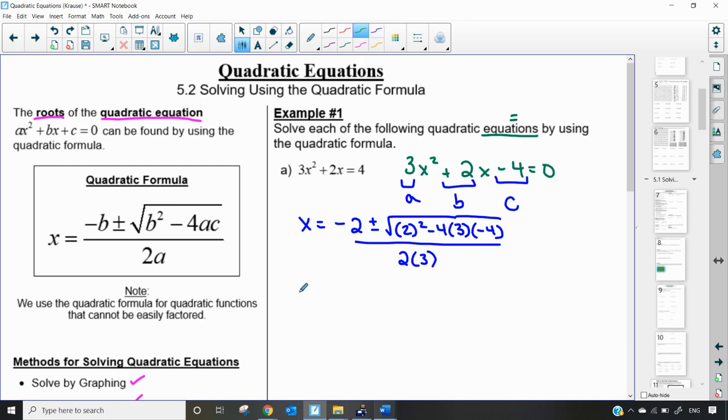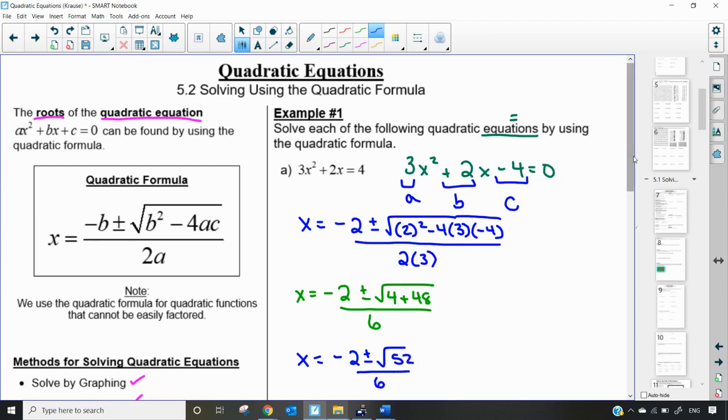Moving down, we're just going to continue simplifying as we go. So we have negative 2 plus or minus the square root of 4, and then negative 4 times 3 times negative 4 becomes 16 times 3, which is 48. So 4 plus 48, all divided by 6. Continuing to simplify, we're going to have x equals negative 2 plus or minus the square root of 52, all divided by 6.